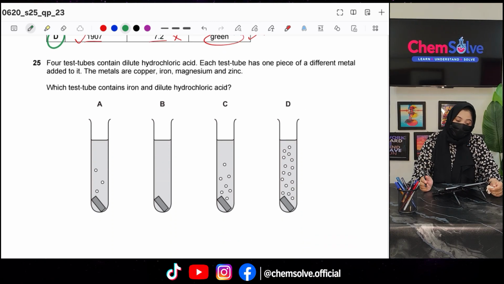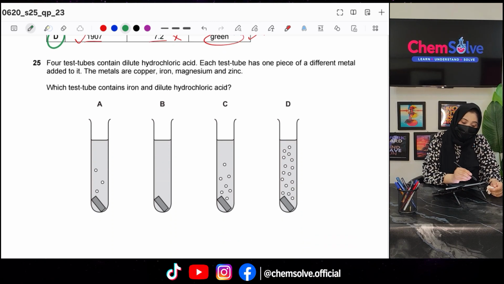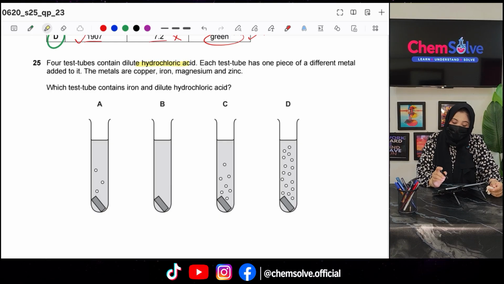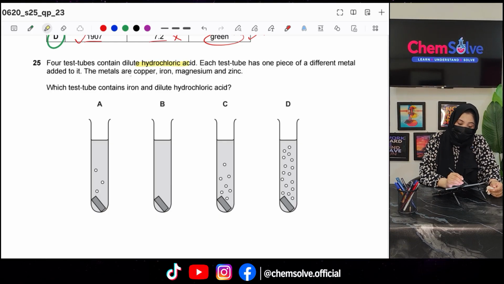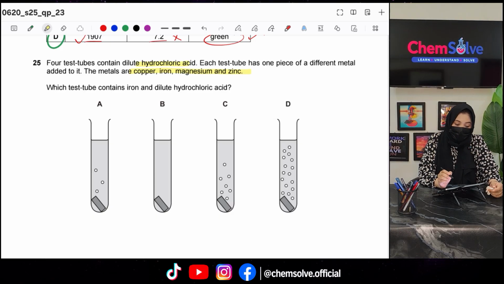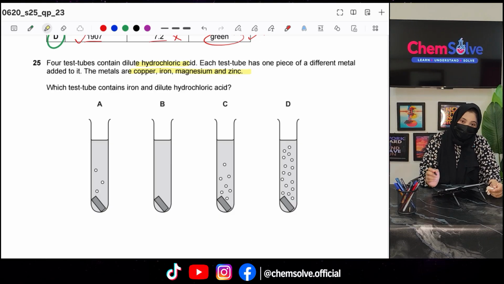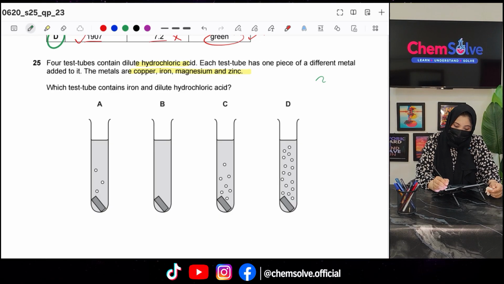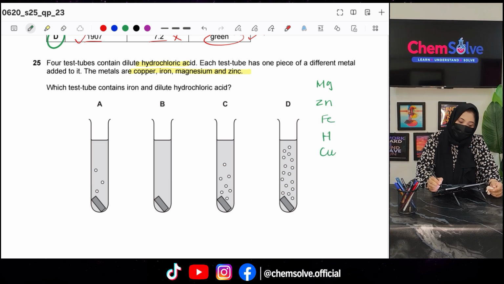Okay, now question number 25. Four test tubes contain dilute hydrochloric acid. Each test tube has one piece of a different metal. The metals are copper, iron, magnesium, and zinc. So for that, we have to look at the reactivity series. In the reactivity series, first comes magnesium, then zinc, then iron, then hydrogen, and then copper.